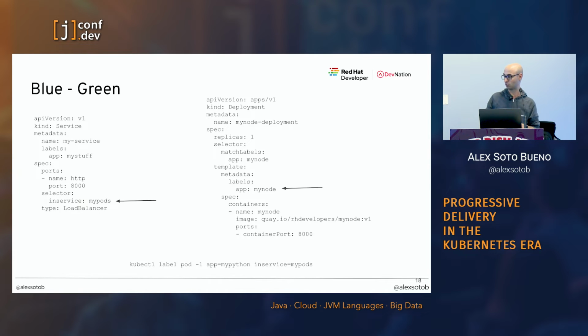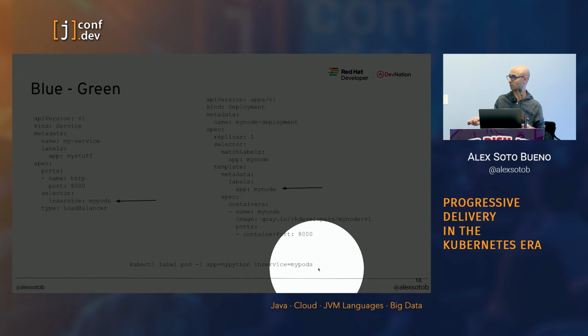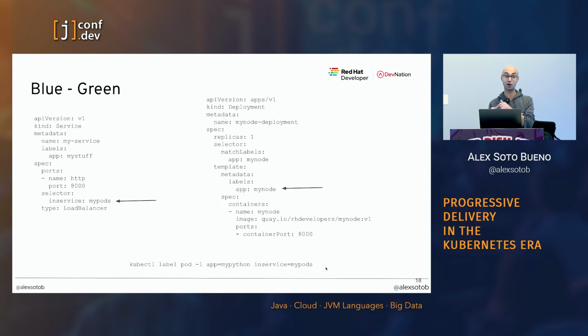Then the only thing that I need to do to start sending traffic to this new deployment, so to implement the blue-green deployment, is just do a kubectl label pod -l, for example, app my Python, which could be this one, in service my pods. Okay, so I'm just adding a new label. So I just kind of start playing with the labels, right?